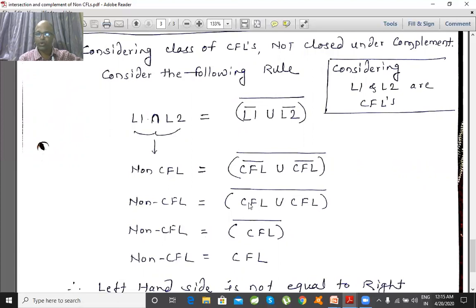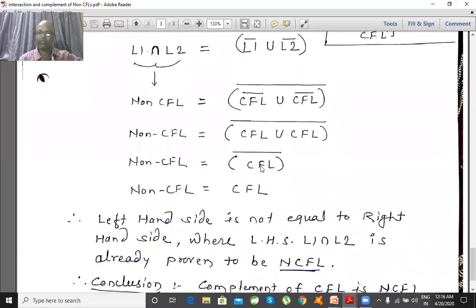So what about a context free language union with a context free language? The union property is: if L1 is context free and I take the union with some other L2, the resultant language is also context free. Now the last pattern: if we take the complement of a context free language, my assumption is that I get a context free language.